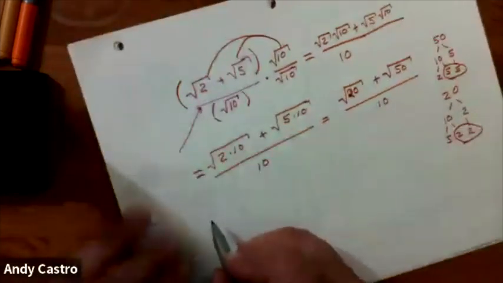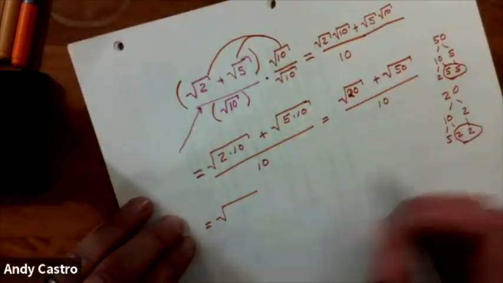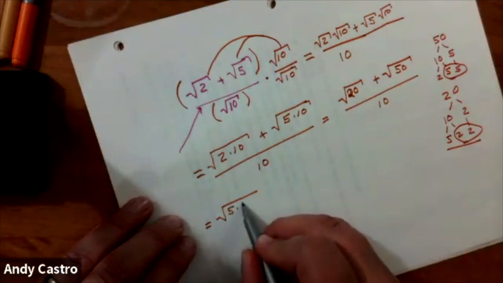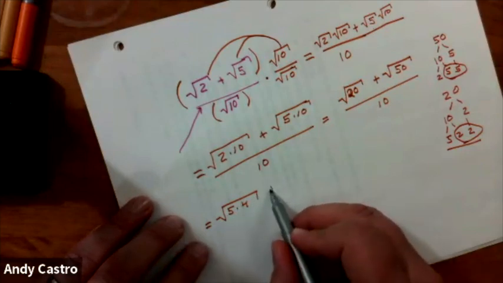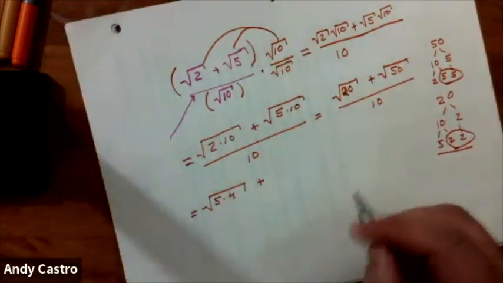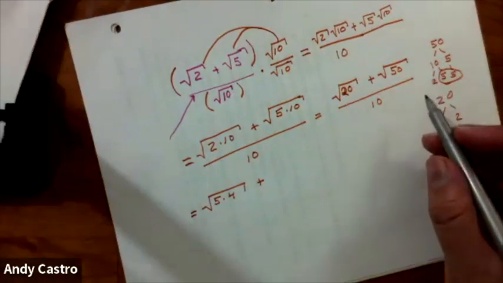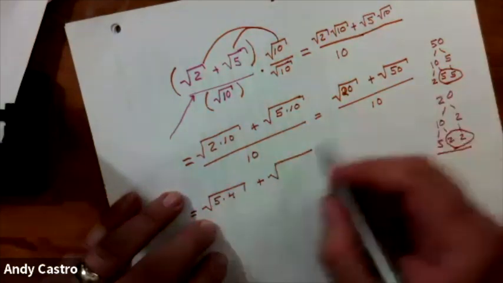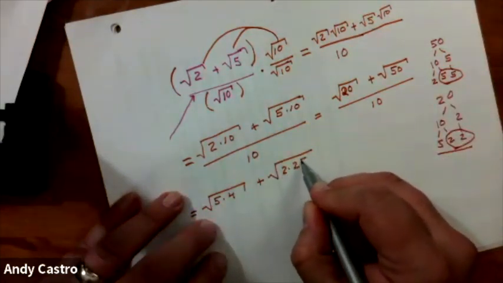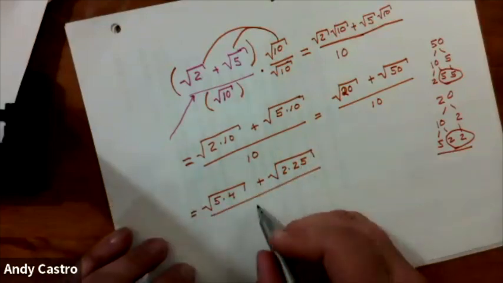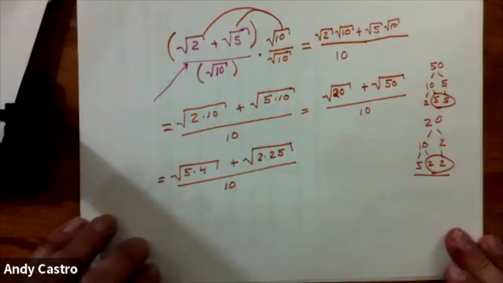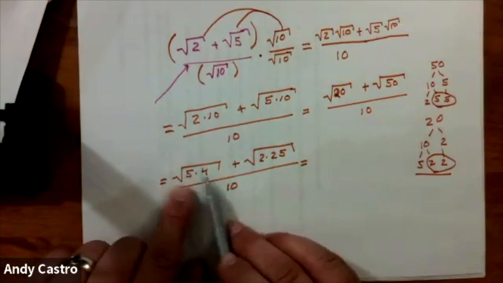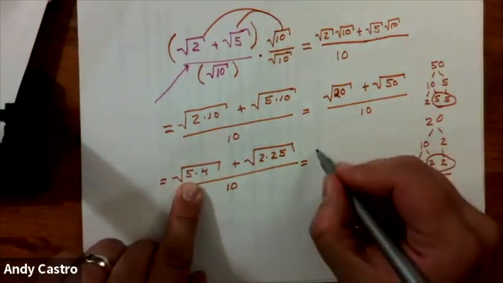So the square root of 20, I'm going to rewrite as 5 times 4, plus, for the perfect square, the square root of 2 times 25, all over 10.